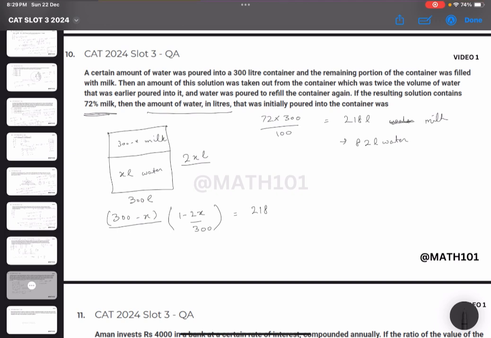So multiplying, we get 300 minus x into 300 minus 2x equals 300 into 218.